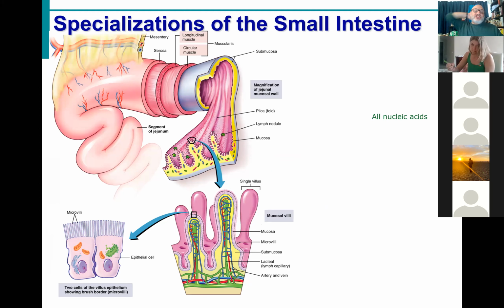Let's talk about the general specializations that we see here, starting with something similar to what we saw in our stomach. Notice if we look closely at this illustration, we can see that there is a big fold that is comprised of both the mucosa and the submucosa, forming a big, huge fold, very similar to a rugae.